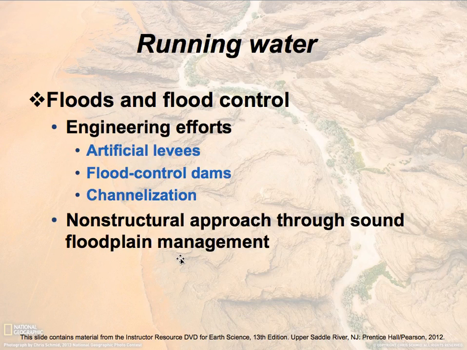Human efforts such as building artificial levees, flood control dams, or channelization can, in some cases, worsen the impacts of floods in areas that aren't protected by these engineered protections. But they can also decrease the consequences in areas that do have them.